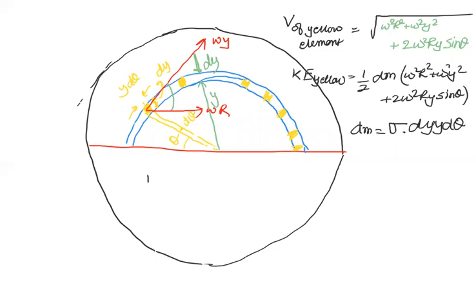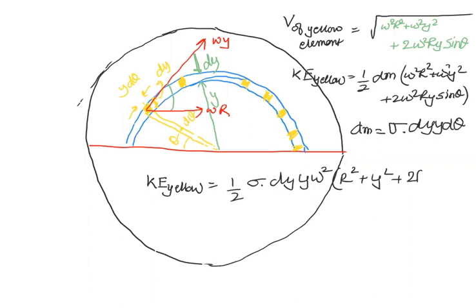Therefore, the kinetic energy of the yellow element will be equal to half sigma y dy omega square times r square plus y square plus 2ry sine theta, d theta.